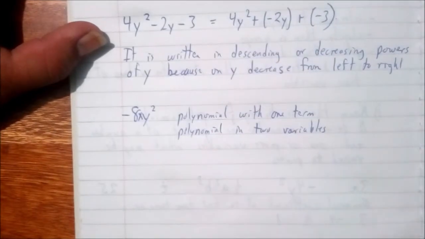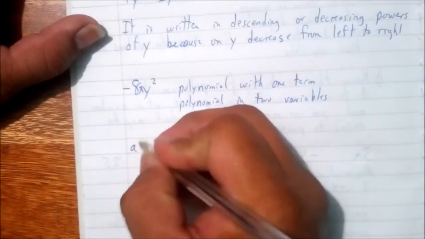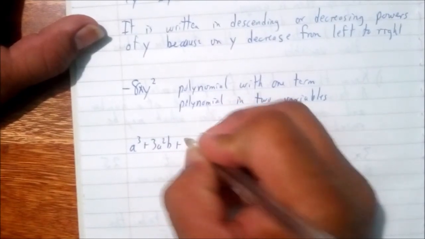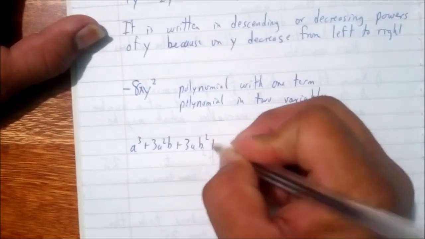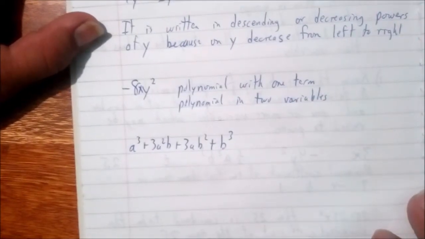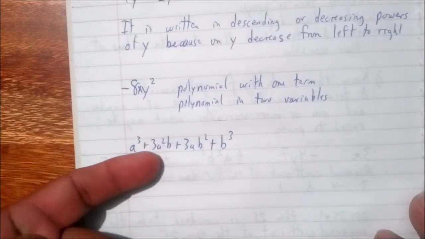Okay, now let's go to the next one. Our next polynomial was a cubed plus 3a squared b plus 3ab squared plus b cubed. The ones who are very observant will notice the way the powers of the a's decrease and the powers of the b's increase.